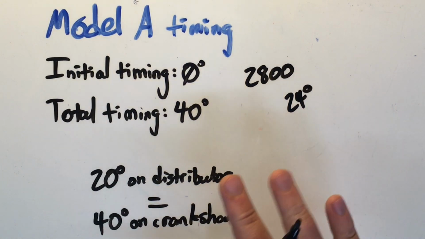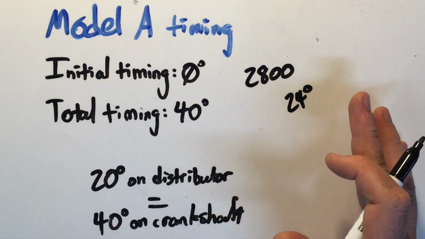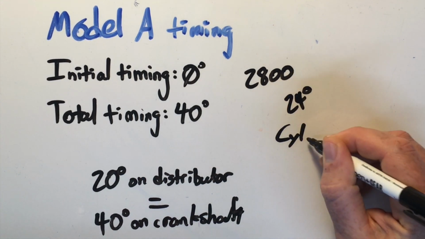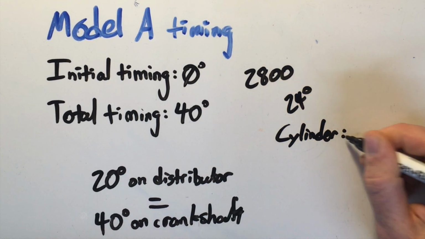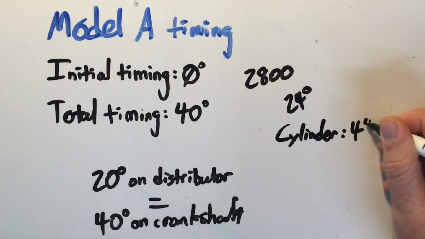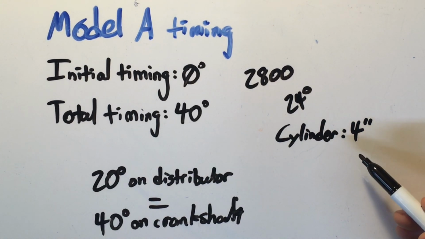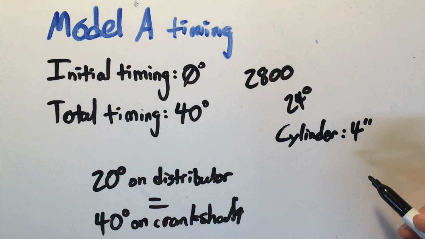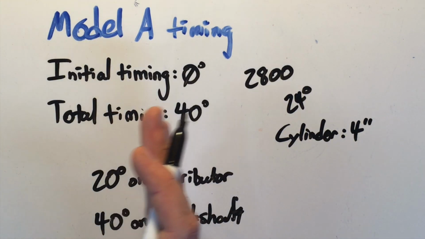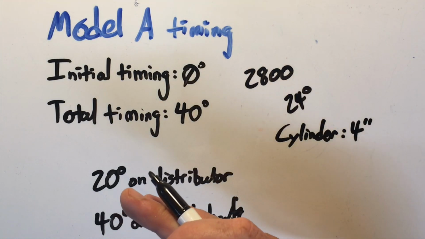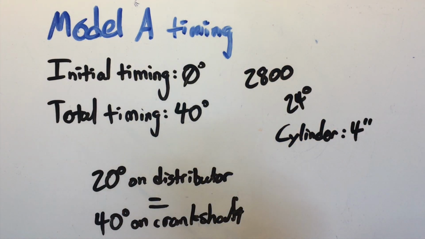So why does the Model A use so much total advance? Well, there's two reasons. First, the cylinder bore is relatively wide, 4 inches. That's 30% wider than the V8s that replace the Model A 4-cylinder engine. And it just takes fuel longer to burn in a bore that's wider, so you need to move the spark earlier to ensure that you hit peak pressure at the right time.